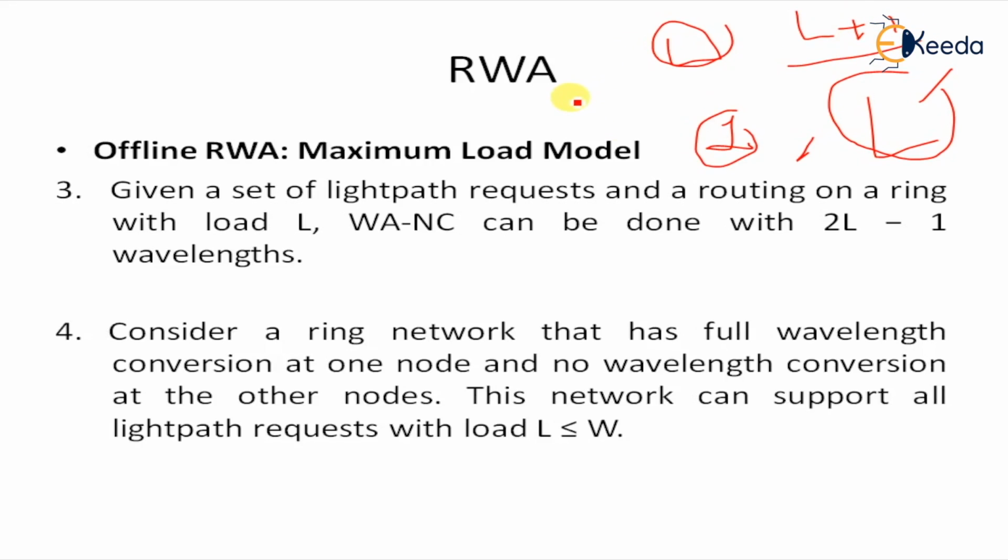The fourth one: consider a ring network that has full wavelength conversion at one node and no wavelength conversion at the other nodes.